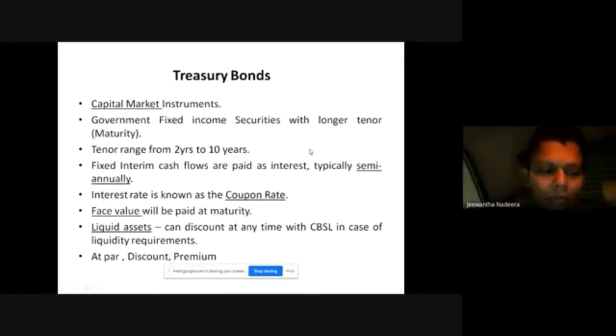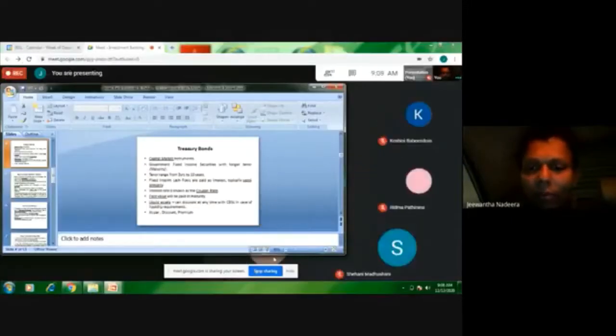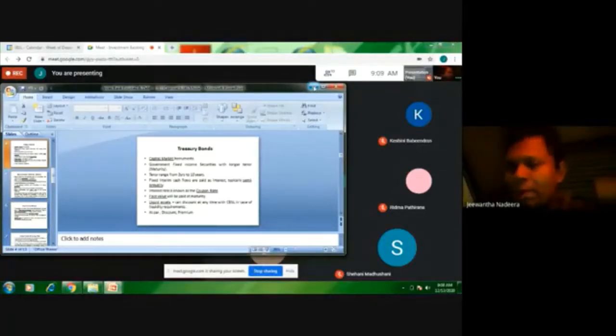Now, what happens with a treasury bill? If you want to put it in a treasury bill, you have 100 rupees with you. Discounted instrument. So treasury bill is a discounted instrument. If you have 100 rupees, the primary dealer is not accepting 100.